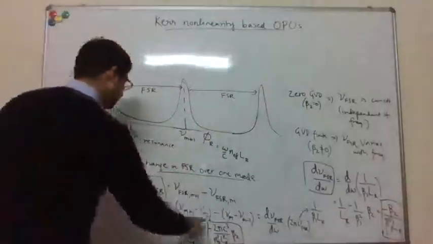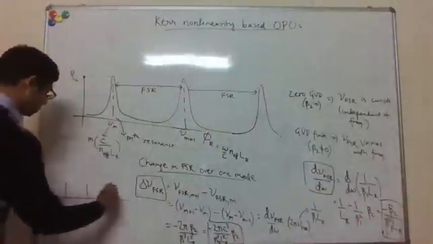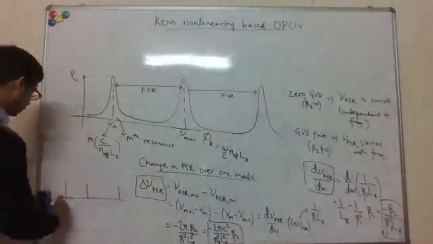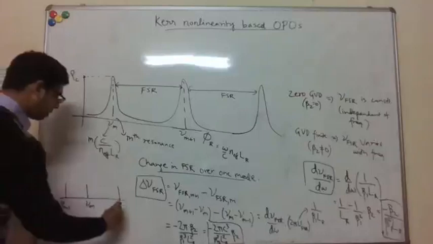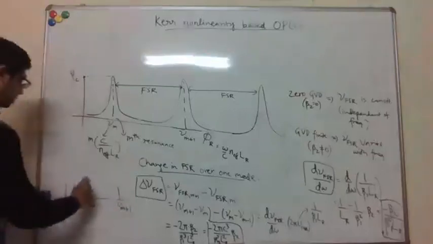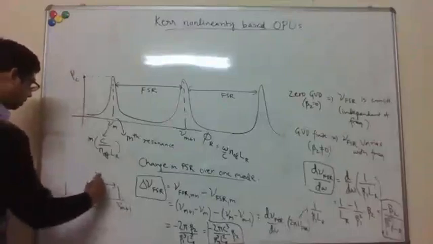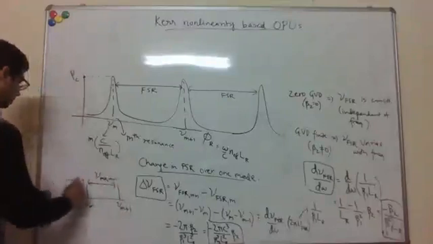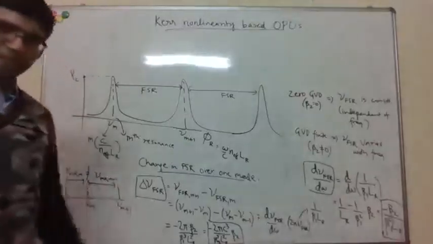So what this is saying is that if I take 3 consecutive resonances, this is m minus 1, this is m, this is m plus 1, then this spacing is not equal. This is nu FSR m plus 1, this is FSR m, these two are not equal. So the spacing between the resonances is changing.